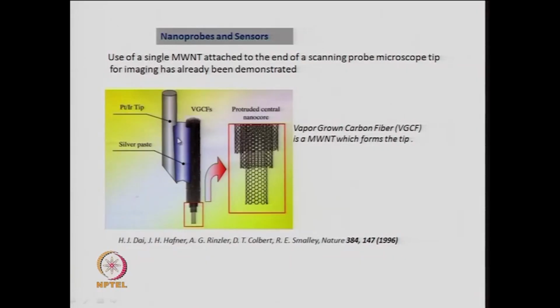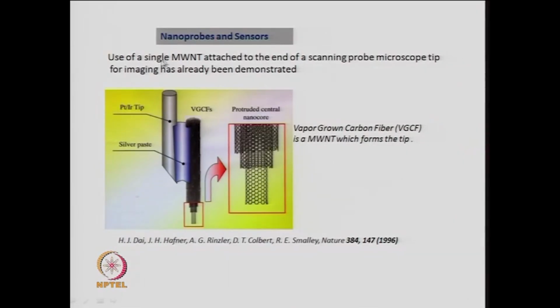So, if you use a carbon fiber, a nanotube, and attach this nanotube to the probe through some epoxy or some agent which can hold it together, then instead of using the original probe to see the surface, the nanotube will look at the details. Because it is much smaller than the diameter of the original probe, it can see much smaller things compared to your original tip.